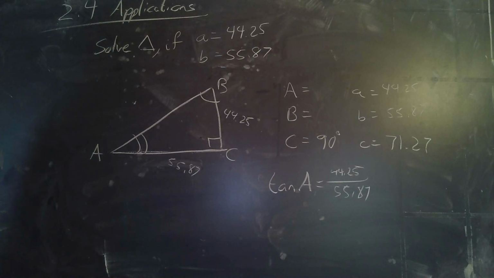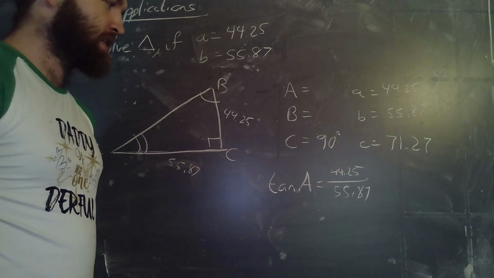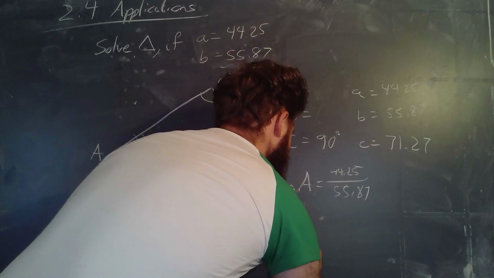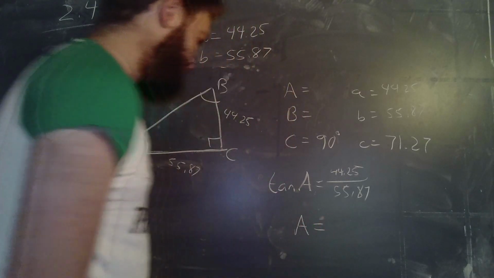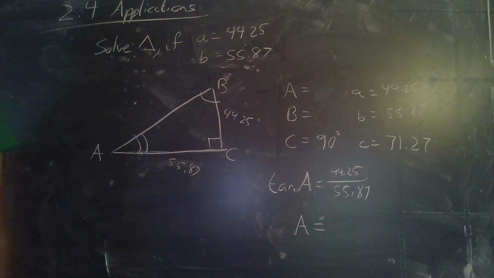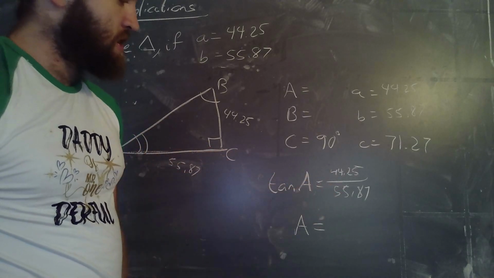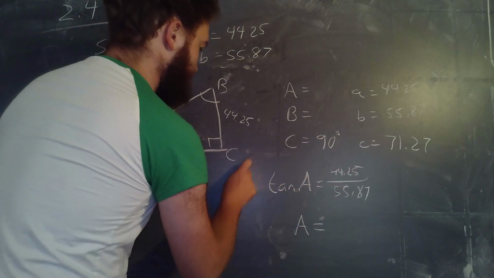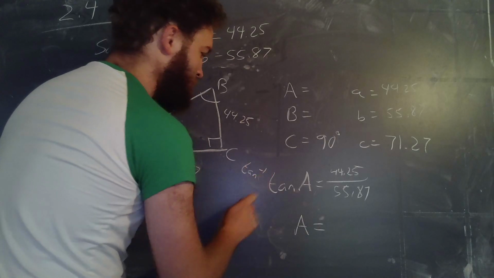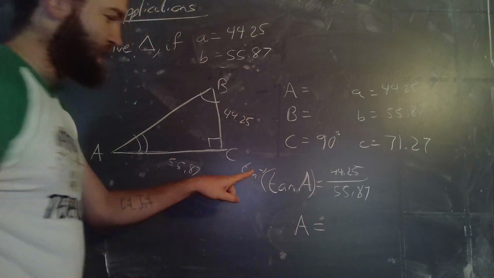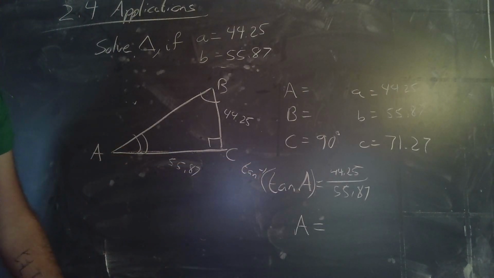55.87. Now, the way that we can get the capital A by itself, the way we can isolate that and make it the subject, is by applying the inverse tangent command on the calculator, or in other words, the arc tangent command on the calculator. So the way that we do this, if we already have the trig ratio, but we don't know the angle, we can take the arc tangent, which in the calculator is tangent to the negative first power.